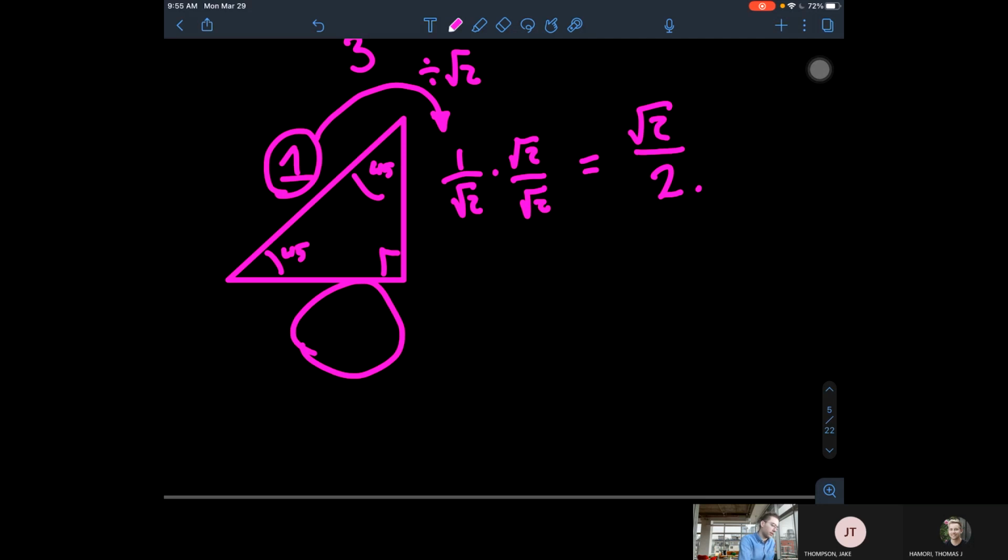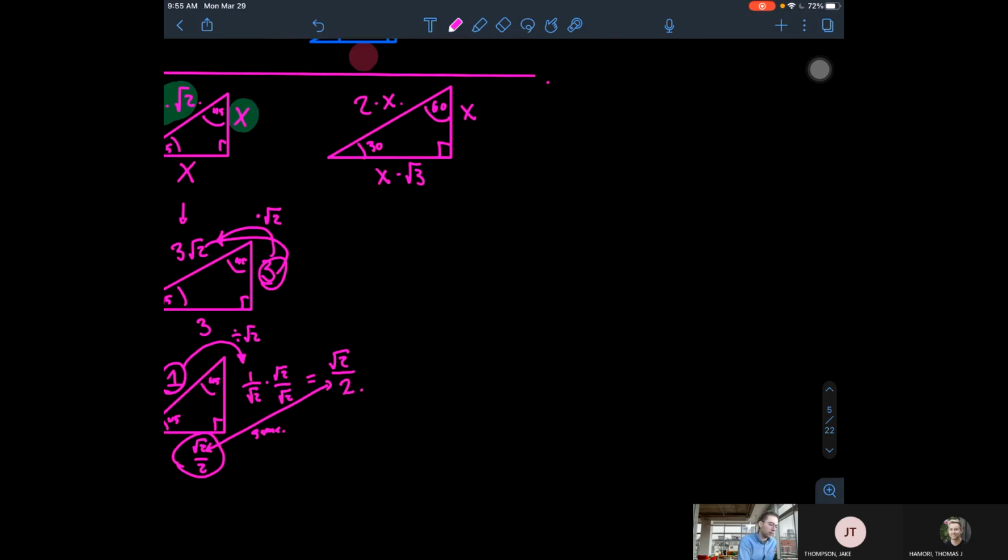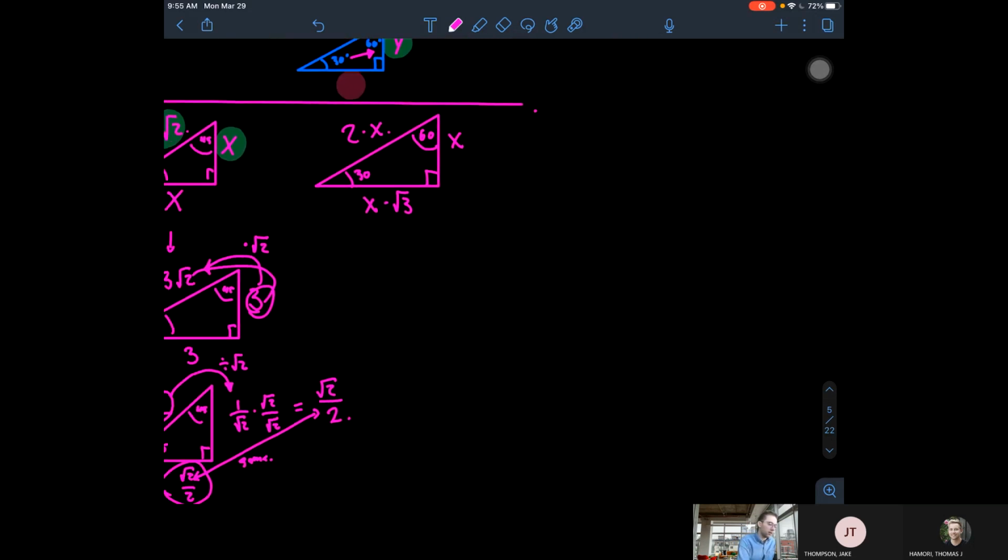Same thing, exactly. That's the special property of the 45, 45, 90 triangle, that the lengths of the two sides should be the same. Okay. I think we're good on 45, 45, 90. Let's move on to the 30, 60, 90 triangle.